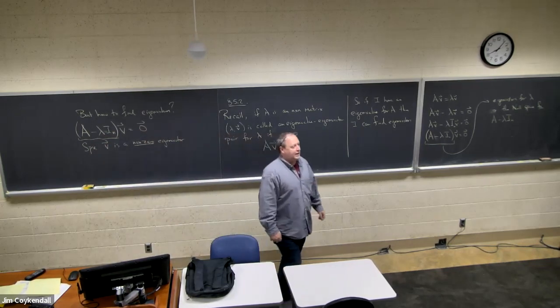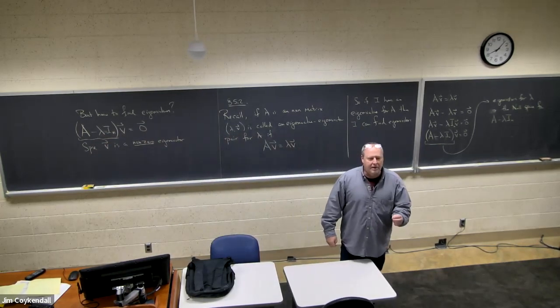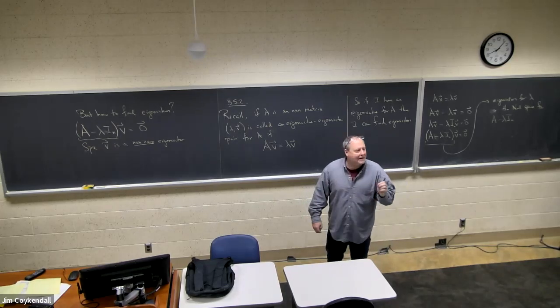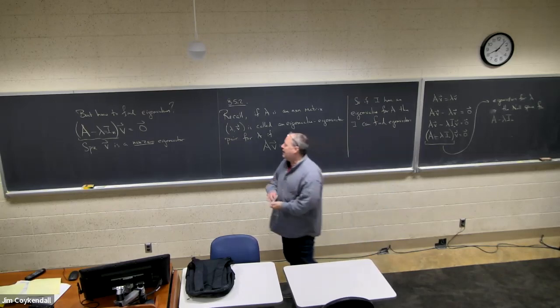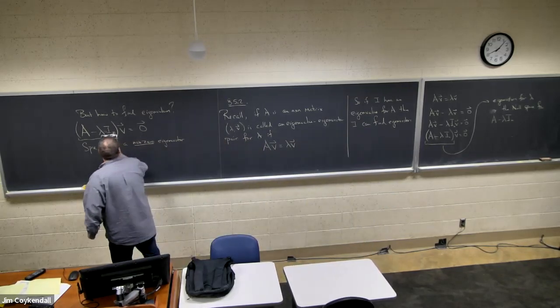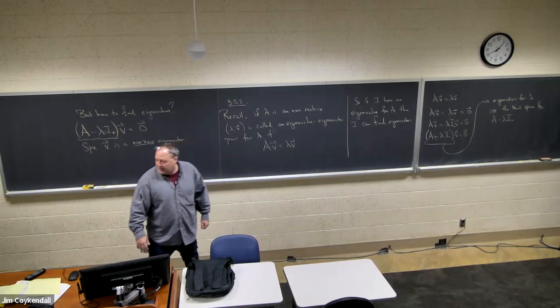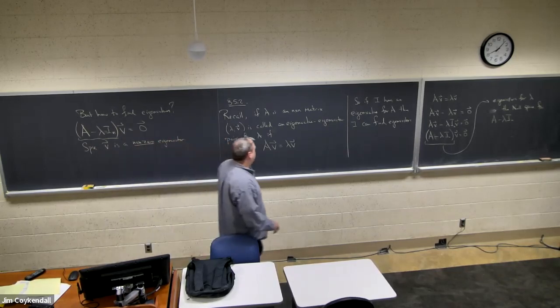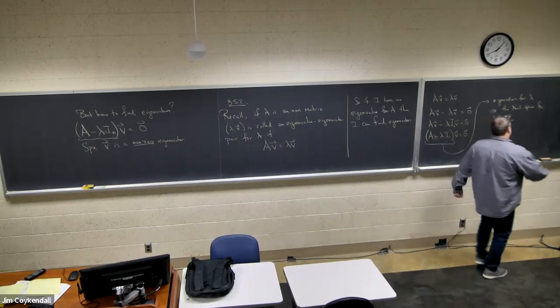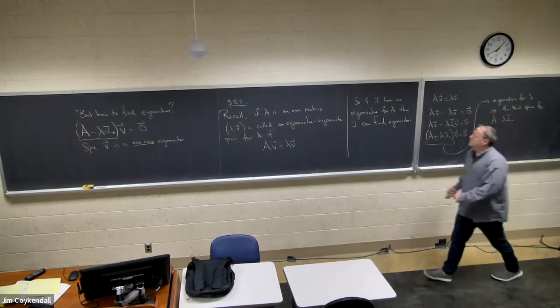But I'm a very simple-minded fellow, so can you give me a condition? There you go. If the determinant is zero, then you will get a non-zero eigenvector. And so this is kind of key here. This kind of answers your question.